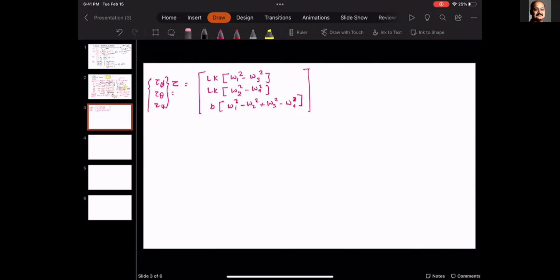Now we need to equate those to the hypothetical controller equations that we just derived.